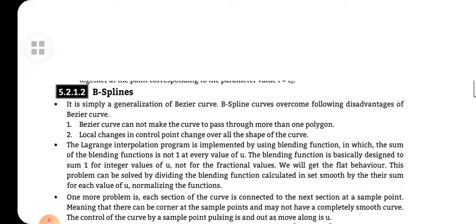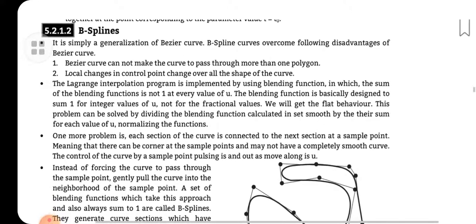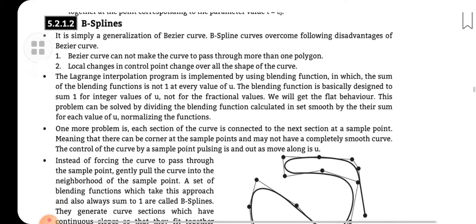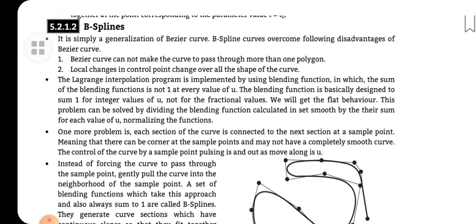In the Bezier curve, we cannot make the curve pass through more than one polygon. These are the disadvantages, and they are overcome in the B-spline algorithms. One more problem is that sections of the curve are connected to the next section at a sample point, meaning there can be a corner at the sample points and we may not have a completely smooth curve.